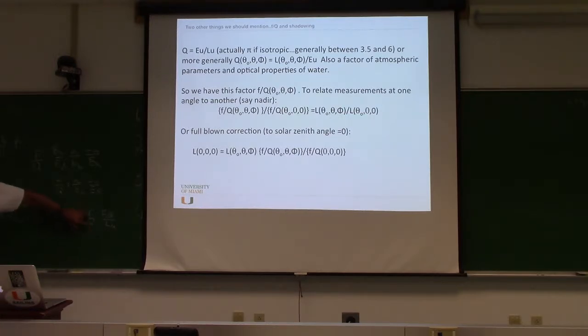So if you have the right F over Q for your solar geometry situation, you can convert it to something that's supposed to be a constant. Presumably the F over Q corrects for all the geometry problems here and causes it to be this constant. So what does that do for you?